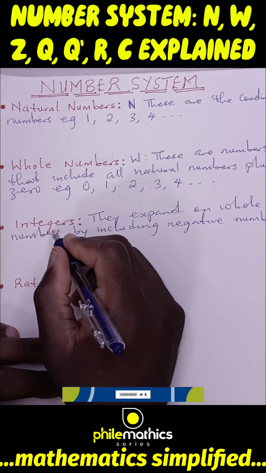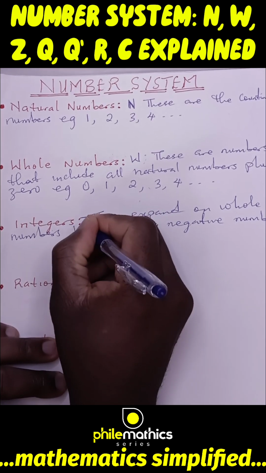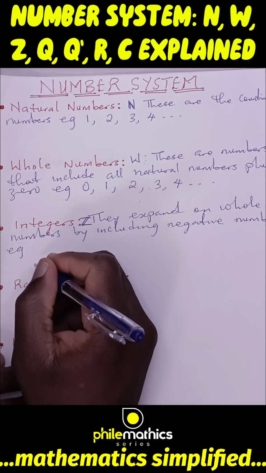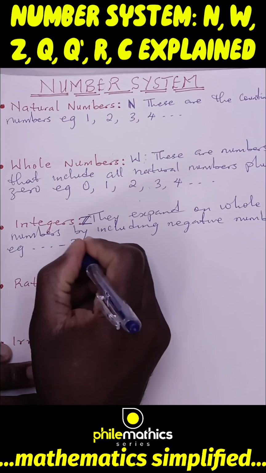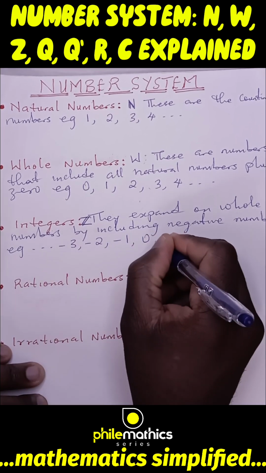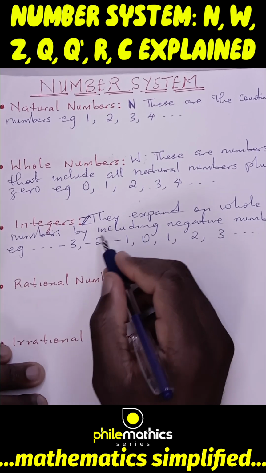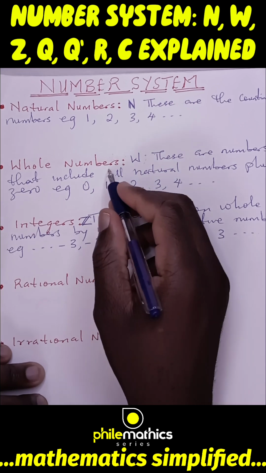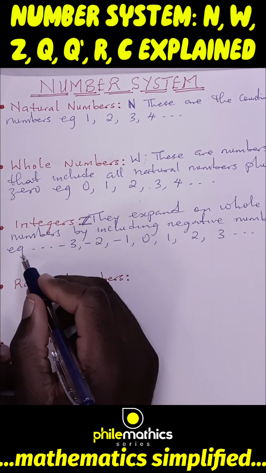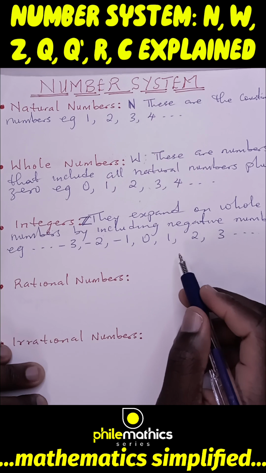Meanwhile, the symbol we use for integers is Z. This is the symbol for integers, Z. Examples of integers are negative numbers, -2, -1, 0, 1, 2, 3, and so on. So the integers comprise whole numbers and negative natural numbers. So we have negative numbers from negative infinity to positive infinity.